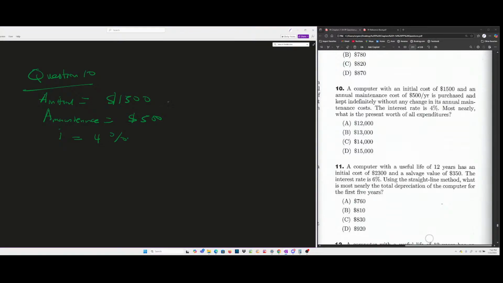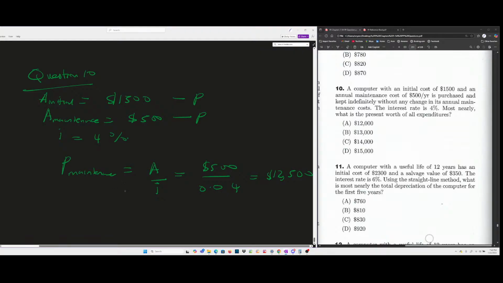So we're looking for the P of the initial cost and the P for the maintenance. To get the P for the maintenance, it's easy, it's A divided by i. Remember our first formula. So we have 500 over 0.04, which is 12,500.